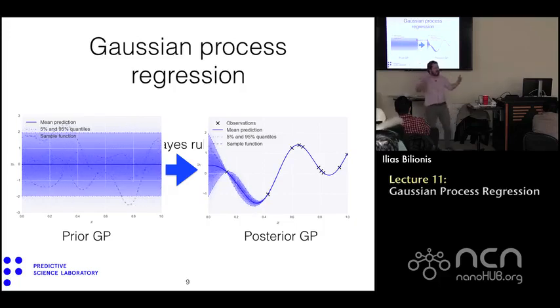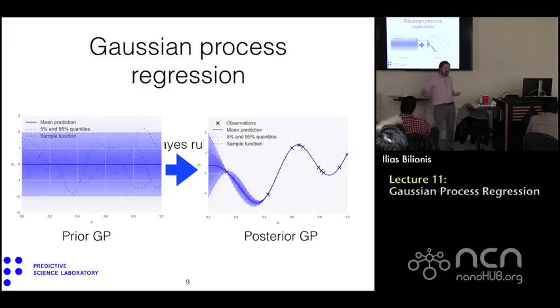Of course, this may be a wrong assumption, but it doesn't matter because the data is going to correct it later on. But anyways, to wrap it up, we're assuming that it is infinitely differentiable. We're assuming a length scale of about 0.1, and we're assuming a variance of about 1. But of course, in your case, you could have a variance of about 10 or a different length scale and so on and so forth.